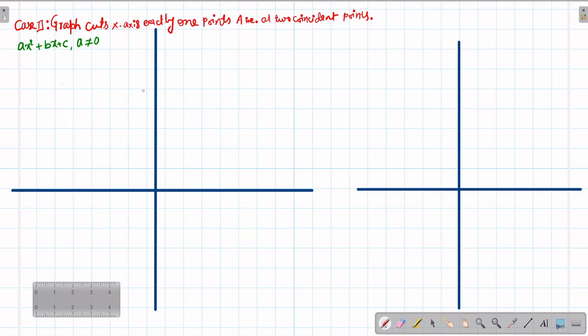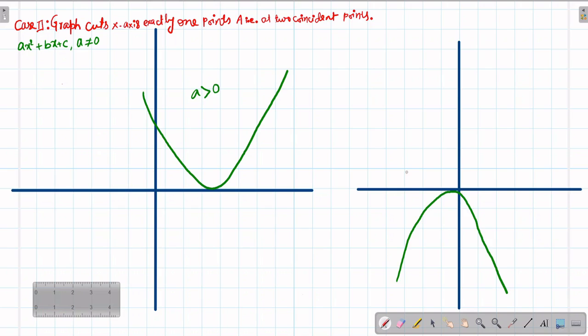That case may be like this type for a greater than 0, meaning a is positive. This is for a is negative. What you find here is that it is intersecting at this point only. So this is a single point. This is because both the zeros are the same, so that's why the points are overlapping or coinciding.